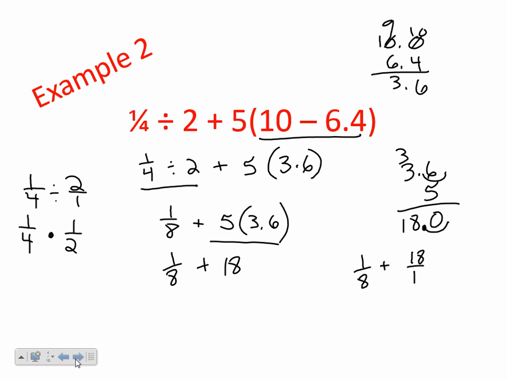Common denominators. Okay. Maybe it's just me. So what's my common denominator going to be? 8. What do you know about the first fraction? Stays the same. How did I go from 1 to 8 here? I times by 8, and whatever I do to the bottom, I must do to the top. So tell me, what's 18 times 8? You work it out. Try one more time.